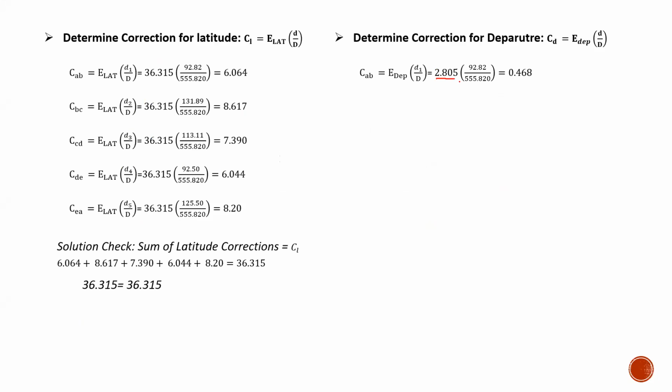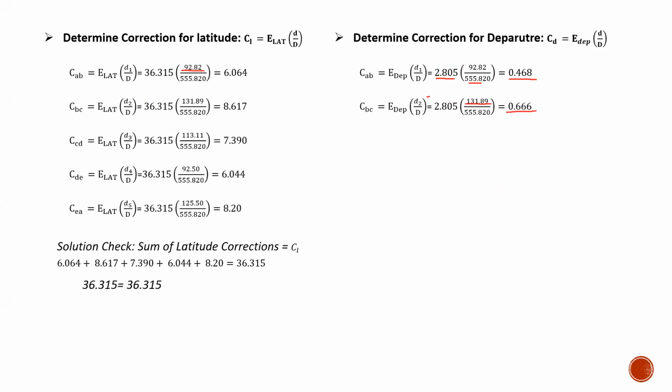So, 2.805 times D1 natin. Yung D1 natin, alam natin yan, 92.82 all over 555.820. That is 0.468. Kindly double check, please. For the error of the departure, that is D2 all over D times the error of departure, which is 131.89 meter.